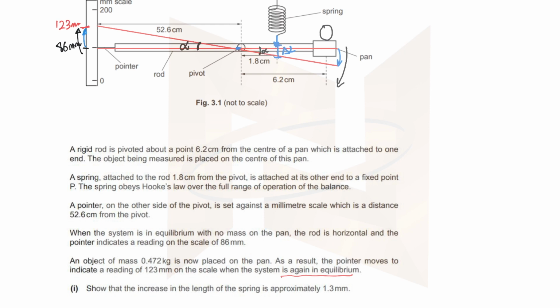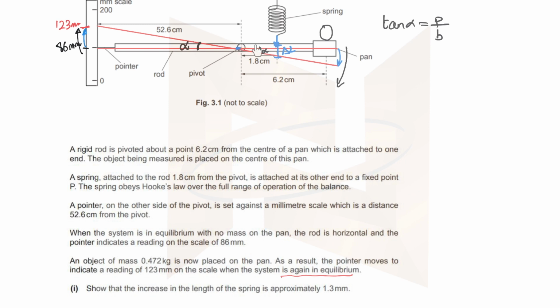Now, if the angle is the same and I apply tan theta or tan alpha, so tan alpha should be equal to perpendicular over base, right? So for this triangle and for that triangle, the angle is the same, because the angle is the same. What does that mean? If the perpendicular is small, then the base will be small. And if the perpendicular is large, the base has to be large. Think about it. I'm saying tan alpha has to be the same.